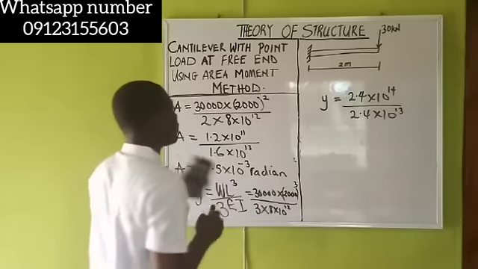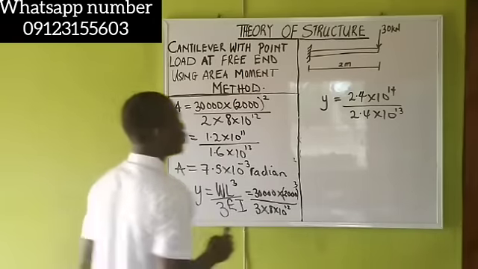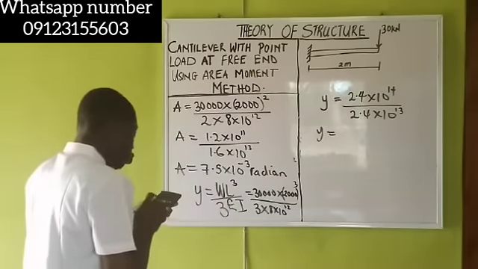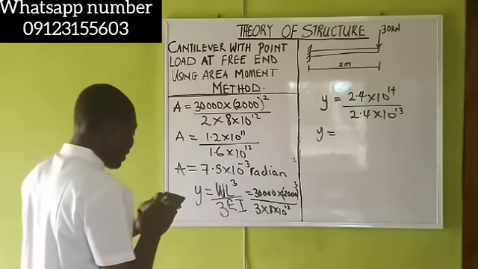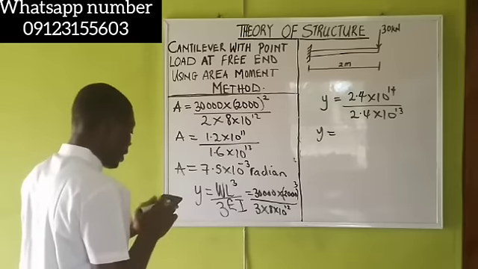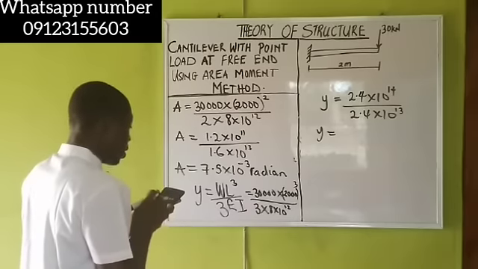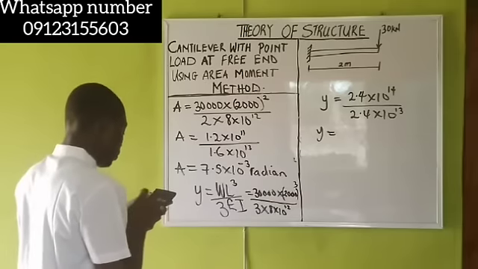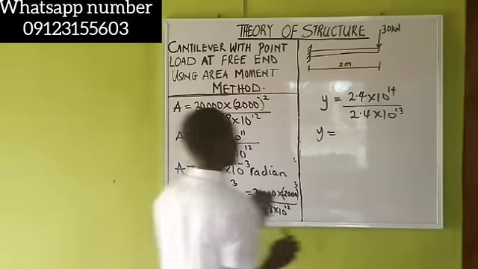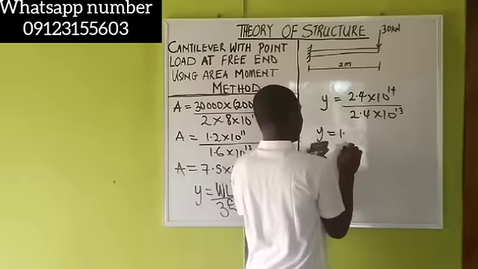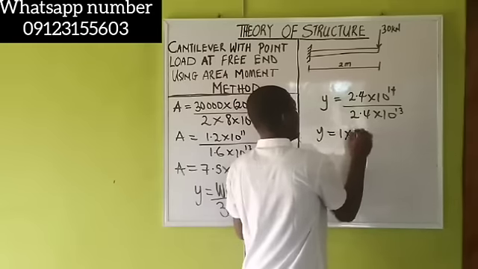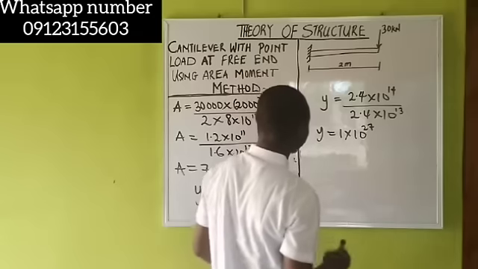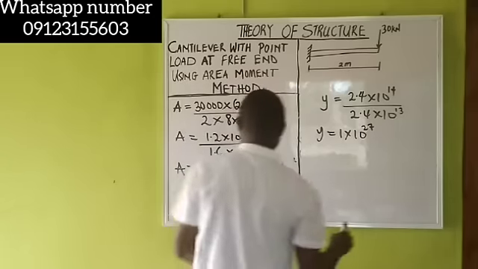If I divide numerator by denominator, my deflection y will now equal 2.4 times 10 to the power 14 divided by 2.4 times 10 to the power 13. My answer will become 1.1 times 10 to the power 27. That's my deflection answer.